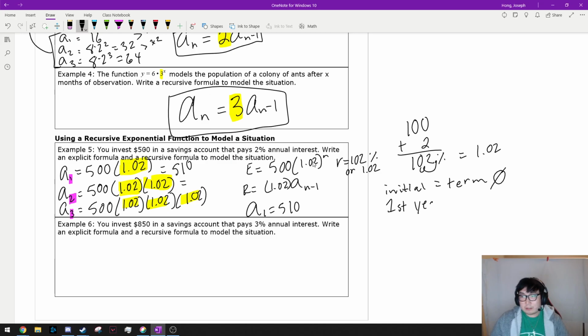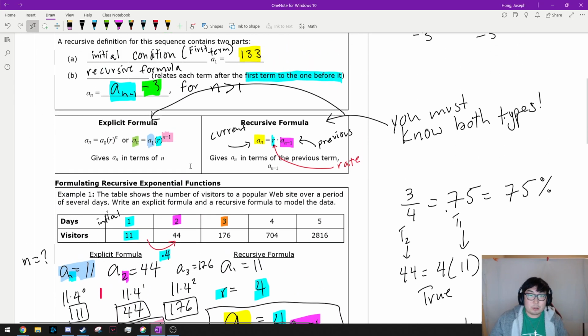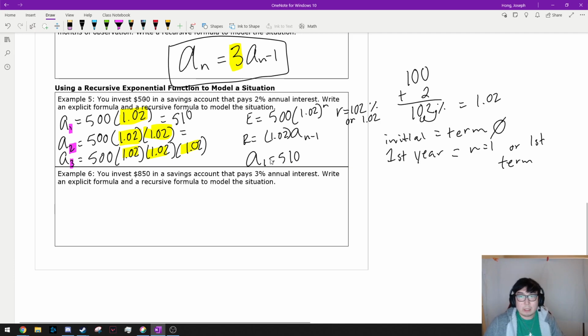First year is n equals 1, or first term. So I'm allowed to use the 0 term or the initial term because of this equation right here. You're allowed to use either. I could use this one too if I wanted to, but why would I use an ugly number like 510 instead of 500? It's a lot easier to do the 500.